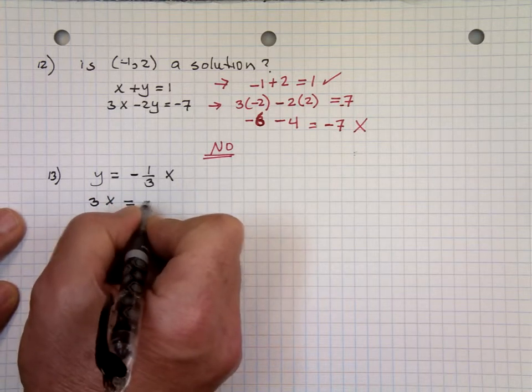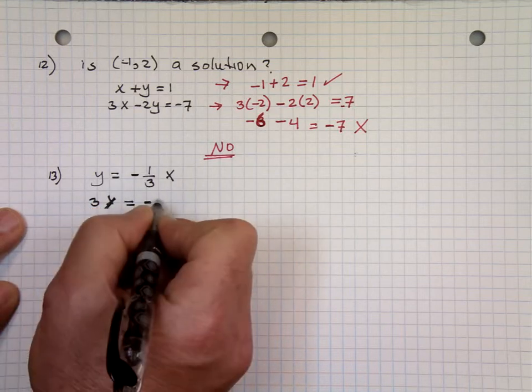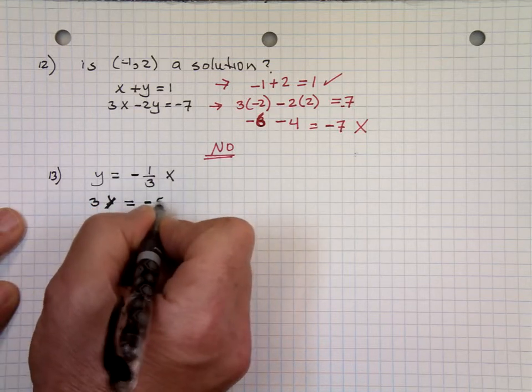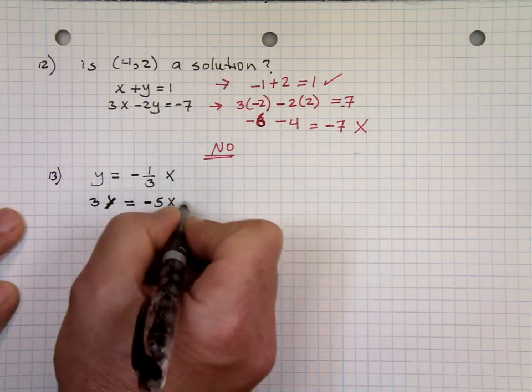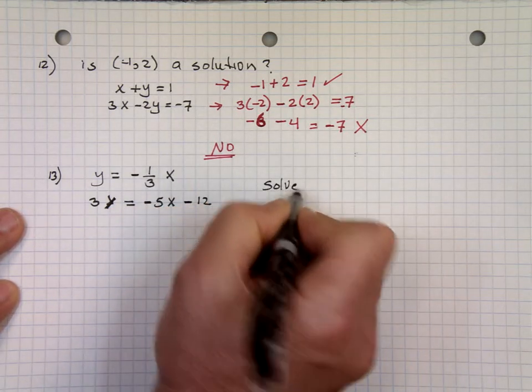Y equals negative 1/3 x, and y equals -5x minus 12. The question: solve for x and y.